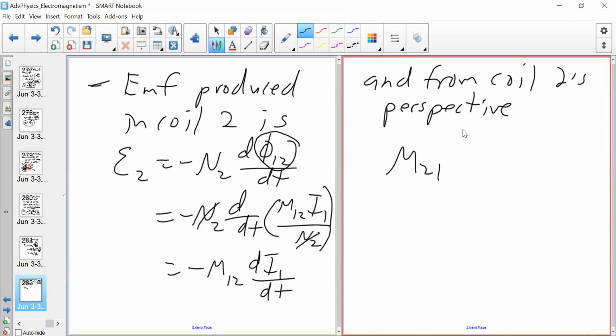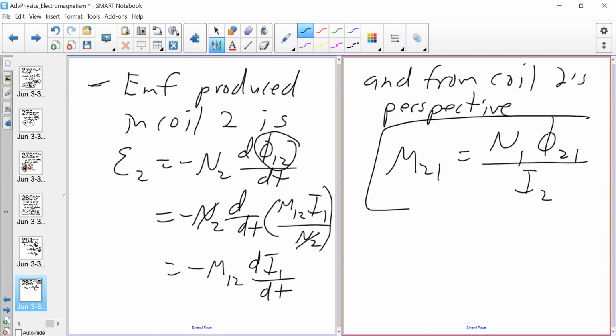M21 is equal to N1 phi 2 on 1, because now we're looking at 2 inducing an EMF in 1, divided by the current that produces a magnetic field to provide a flux from wire 2 to wire 1, and the recipient wire is wire 1 with N1 turns. Same mutuality. There is no change. Neither one is greater than the other, based on the currents having the same rate of change. So that's why we can say M12 is equal to M21.